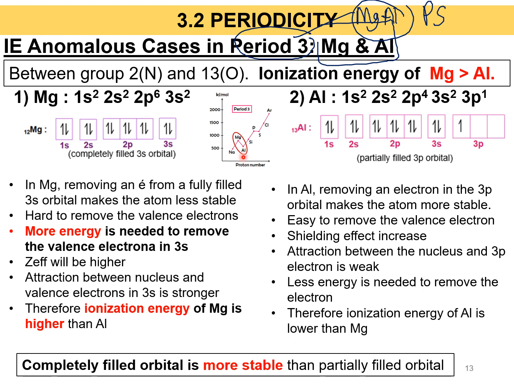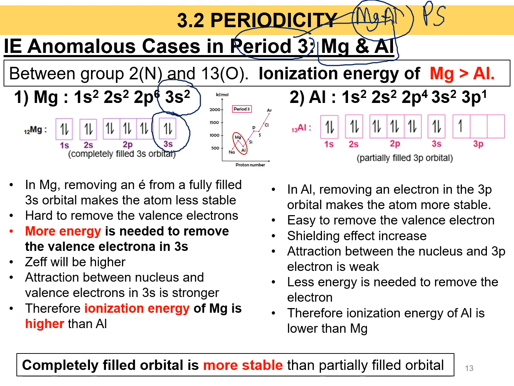Sebab apa? Because a completely filled orbital is more stable than partially filled orbital. Why? You know that magnesium, dia punya ionization energy is more than Al. Is because if you look at the atomic orbital for the magnesium here, you can see that the valence electron terduduk pada 3s, orbital 3s kan.